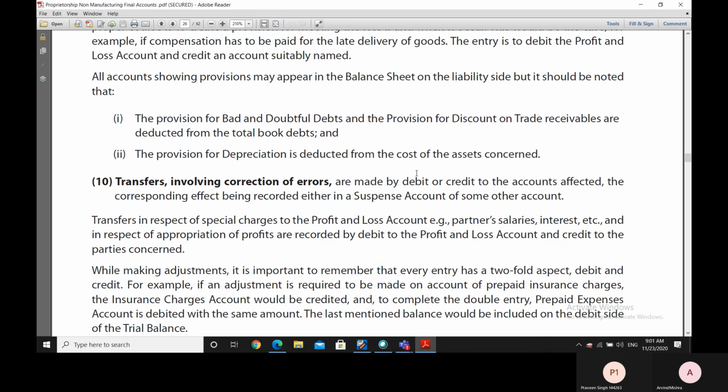Now, there are some transfers which are also supposed to be made in respect of special charges, like if you have to give salaries to the partner, or interest to the partner, and wherever some profit appropriation has to be made. In that respect, we will debit and credit the concerned parties.